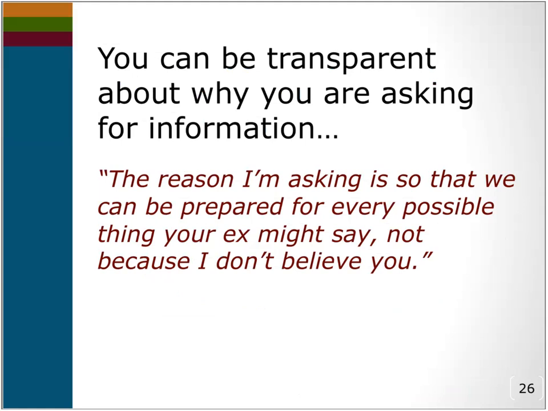This gets to that betrayal issue and people trying to figure out what role you're really playing, and maybe they just met you or they don't totally trust you yet for reasons that totally make sense. So I'm just modeling language here. The reason I'm asking is so that we can be prepared for every possible thing that your ex might say, not because I don't believe you.